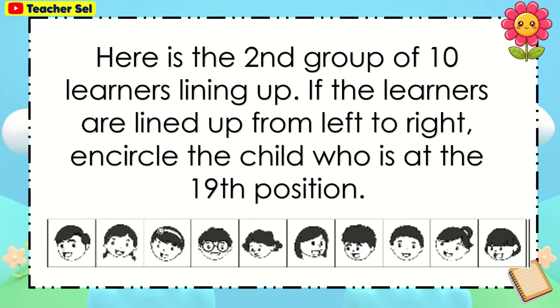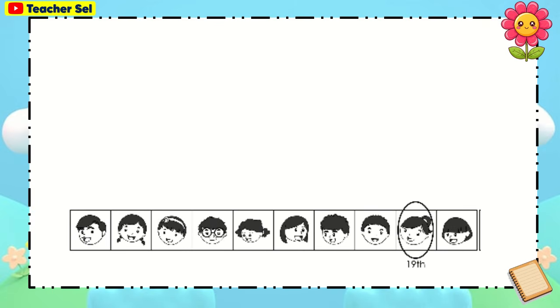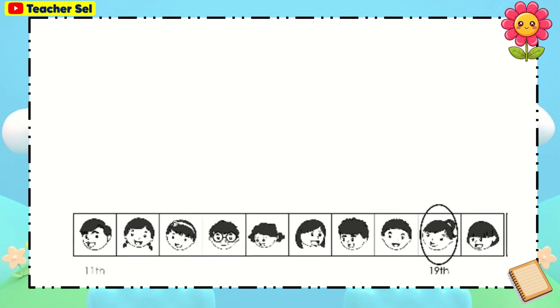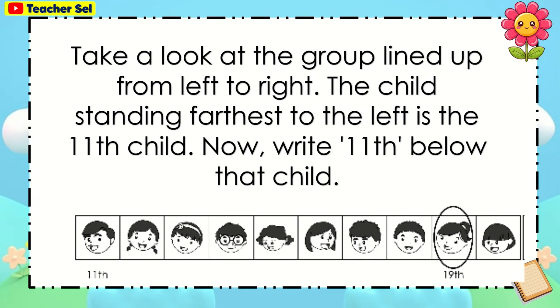Here is the second group of 10 learners lining up. If the learners are lined up from left to right, encircle the child who is at the 19th position. So here's the right answer. Take a look at the group lined up from left to right.